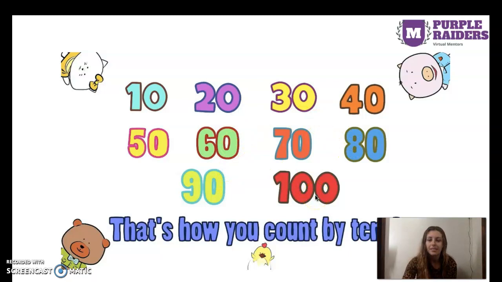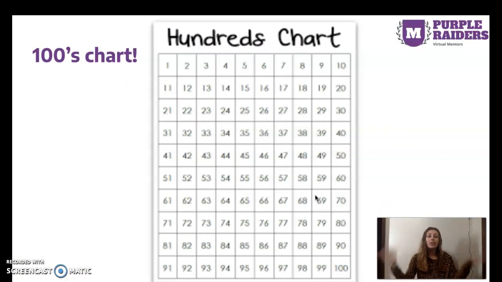Great job, friends. Oh my gosh, our hundreds chart is back. I bet we all remember our friend, that 100s chart. So we know that we can count to 100 by ones. But I just showed you guys another way. What was that other way? By tens. So if you look on the side over here, you can count by tens all the way to 100.